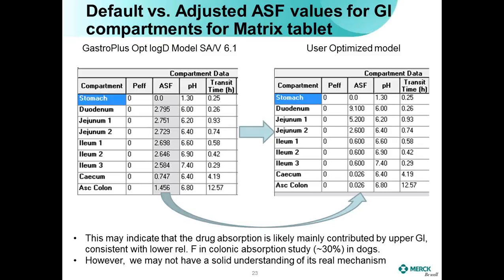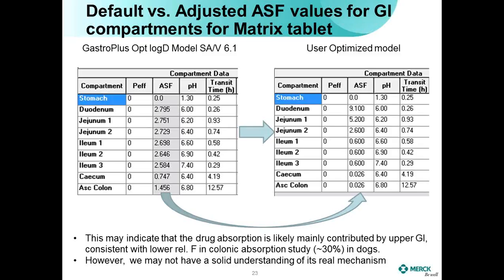We got a new set of ASF values here, and you can see at upper GI, duodenum, jejunum, we got higher ASF values compared to the default ASF values. But at the lower GI, we actually reduced ASF values to very low numbers. So what does this mean to me?